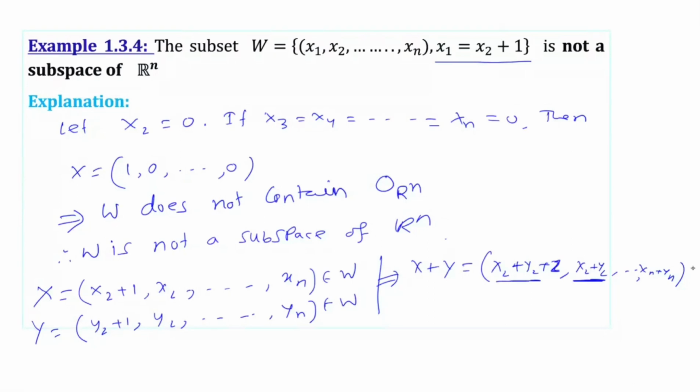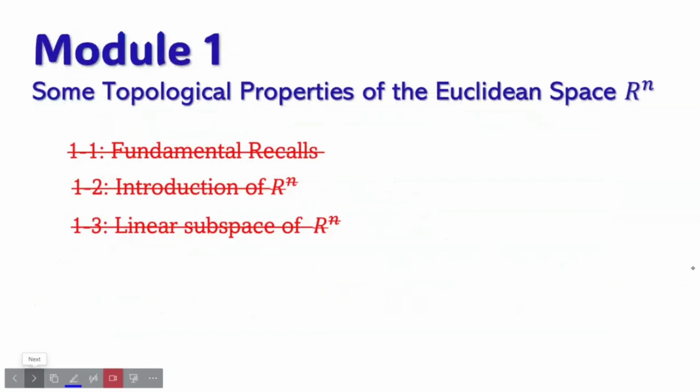Look at this: the first entry is x2 plus y2 plus 1 and the second entry is x2 plus y2. If you subtract them, the difference is 2, not 1. Therefore it does not belong to W, so W is not a subspace of Rn.